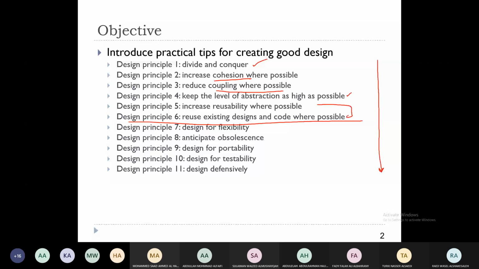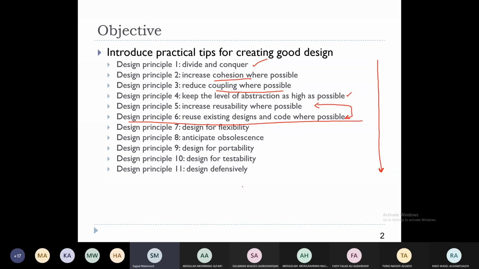And this is where we stopped the other day: try to increase the reusability of the code that you are developing, and at the same time try to reuse existing designs and code where possible, to help reduce the cost, shorten the time of development, and probably increase the quality of your system because you have tested them thoroughly.